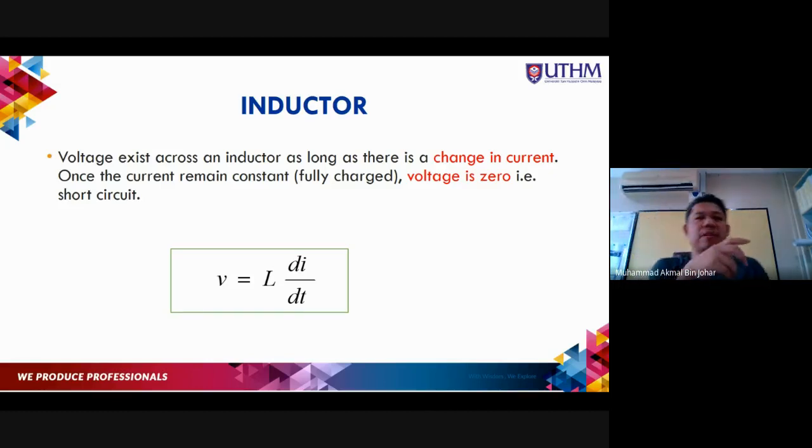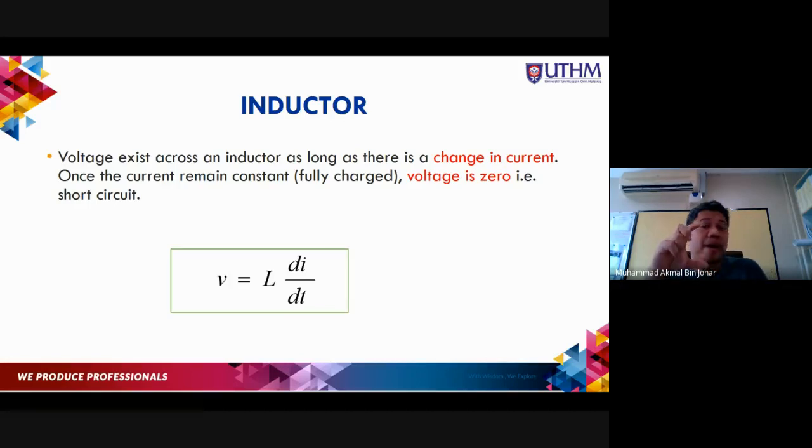That's the situation when you have current flowing through an electromagnetic coil or inductor. When current starts flowing, it creates an electromagnetic field across the solenoid until it reaches the maximum magnetic field.